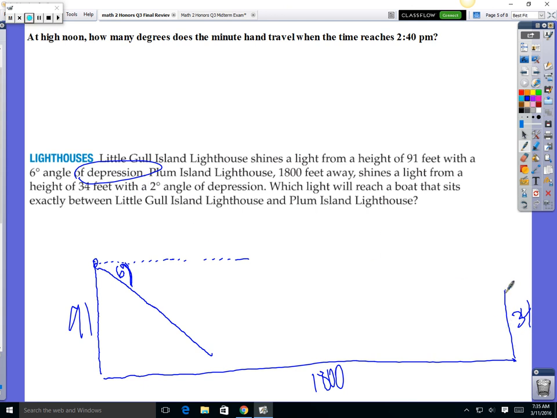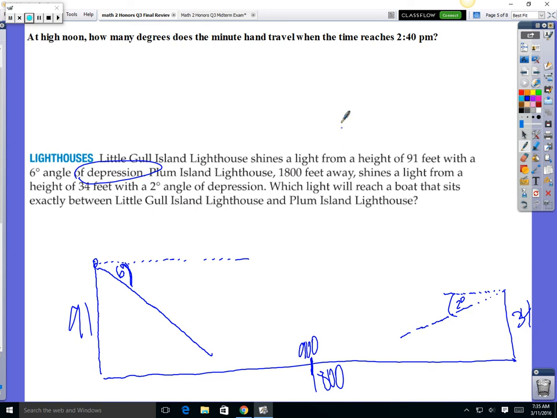It normally should look this way, but it's doing a 2 degree. So that's 2 degrees. Okay, which light is going to reach a boat? A boat is exactly in the middle, so halfway between 1,800 is right here. Let's say that's 900.